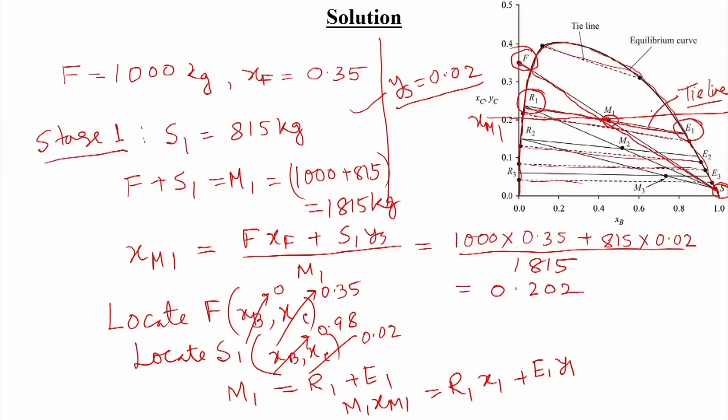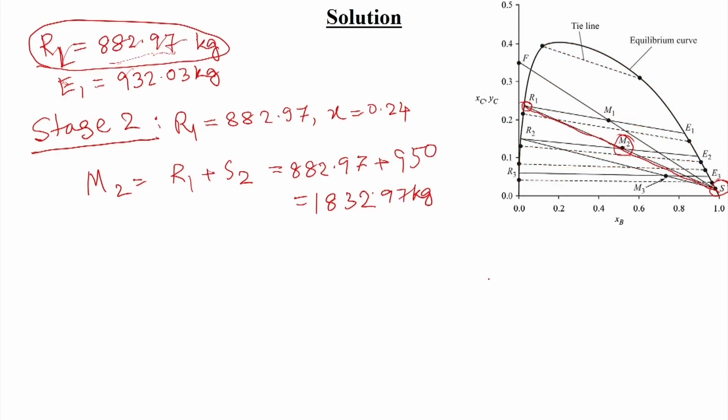Now, M1, we know, xm1 we have got as 0.202, and we have this x1 and y1. We have R1 is equal to 882.97 and x1 is equal to 0.24 and S2 is equal to 950 kg.